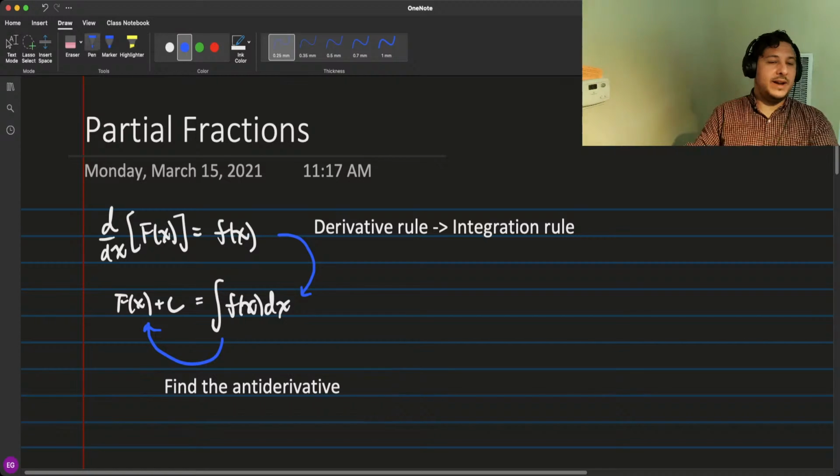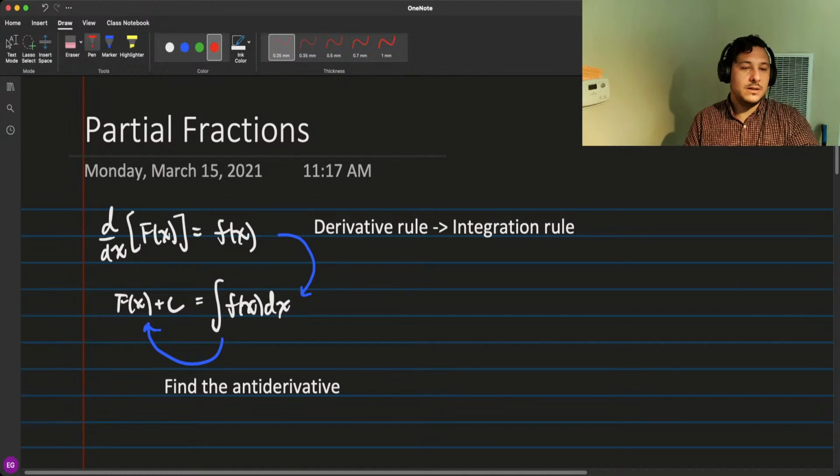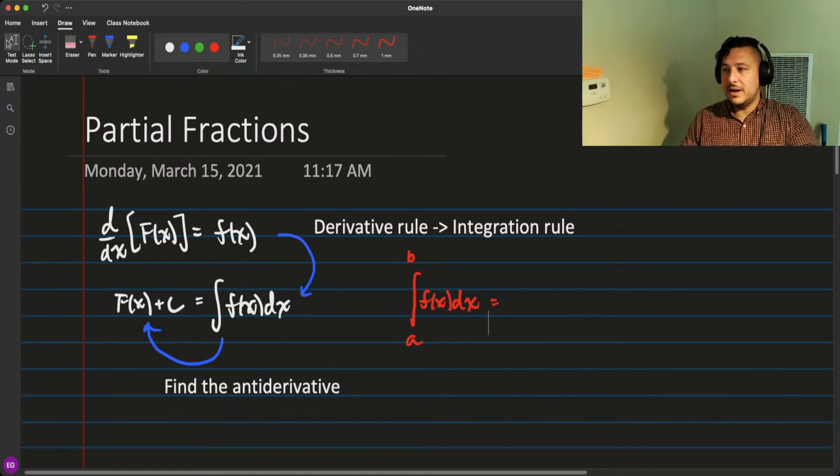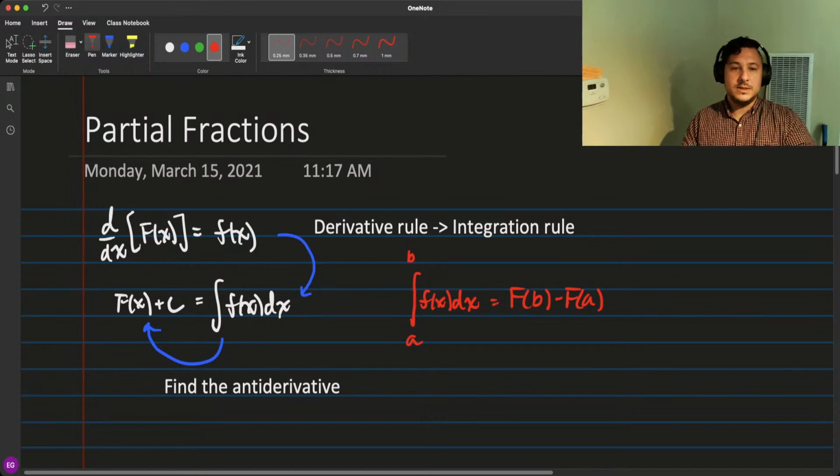Why do we care about finding the antiderivative? Well, because if you're evaluating a definite integral, the easiest way to evaluate it is if you know the antiderivative, using the fundamental theorem of calculus.